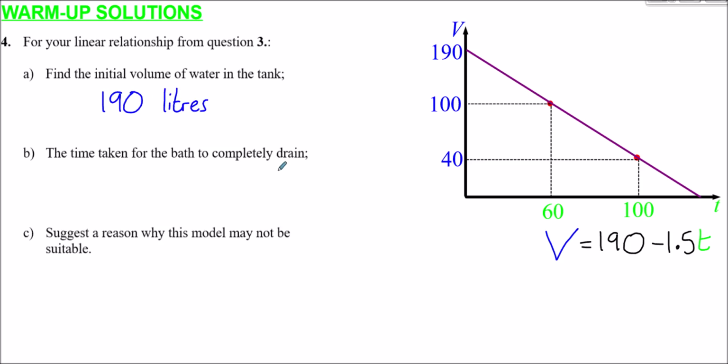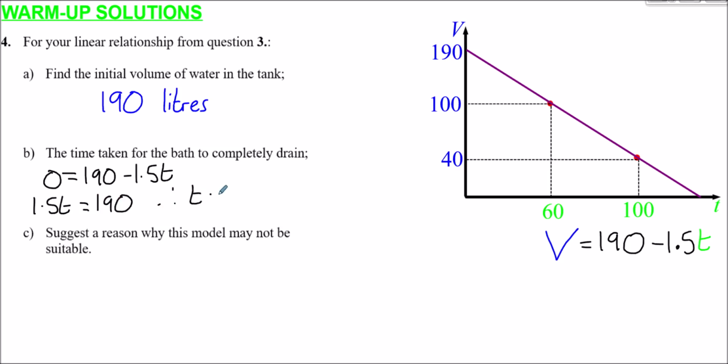The time taken for the bath to completely drain, well, it's drained when the volume is 0. So we just sub in 0 for v. So 0 equals 190 minus 1.5t. Add 1.5t to both sides. 1.5t equals 190.